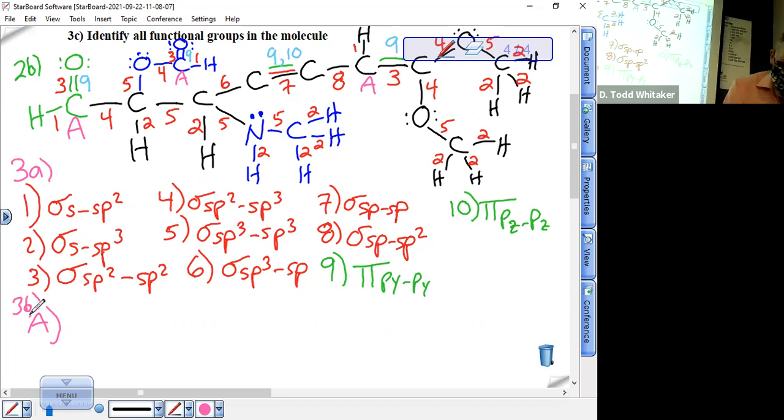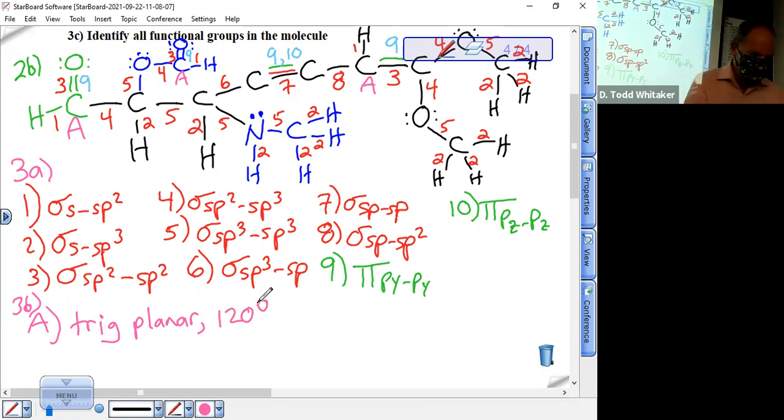And A, what's the name of the geometry when you're sp2 and no lone pairs? Trigonal planar. And I need your angle too. Yep, 120. Good job. We don't do labels of geometry for atoms on the outside because they're not central.